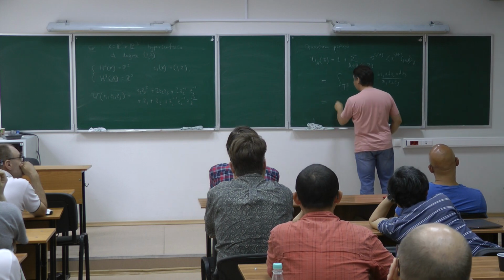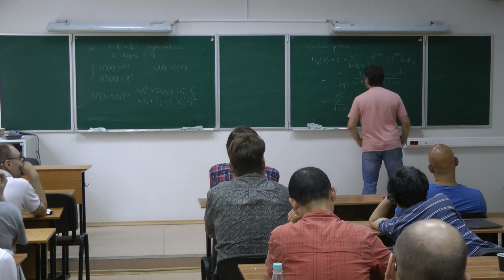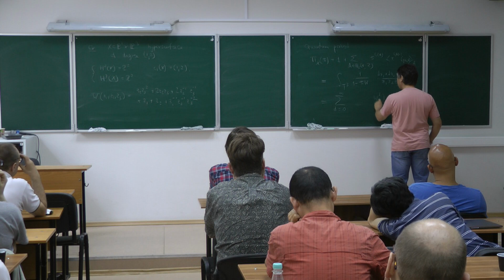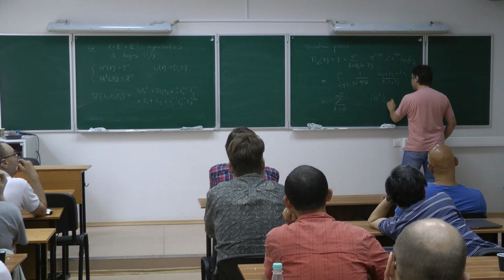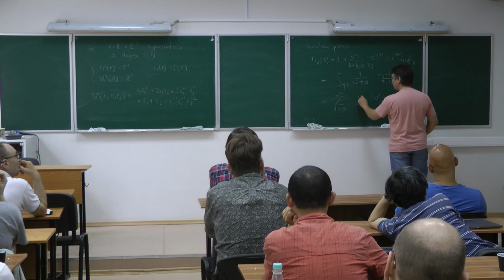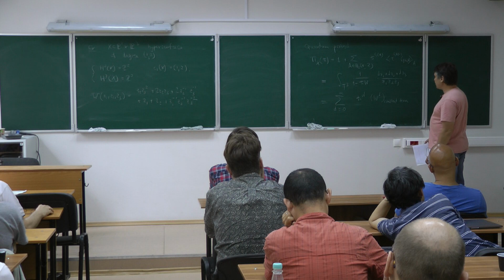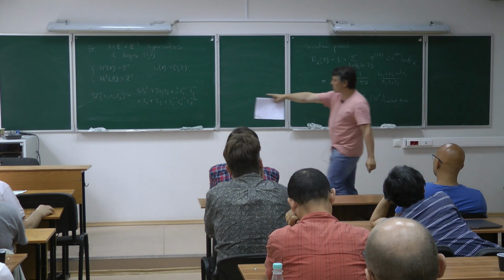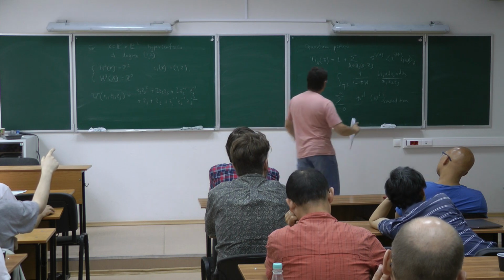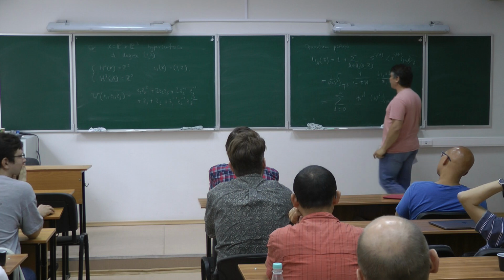Or to make it completely explicit, you take w to the d, where w is the superpotential, and you take the constant term, and h bar to the d. Here I should divide by 2 pi i cubed or something.